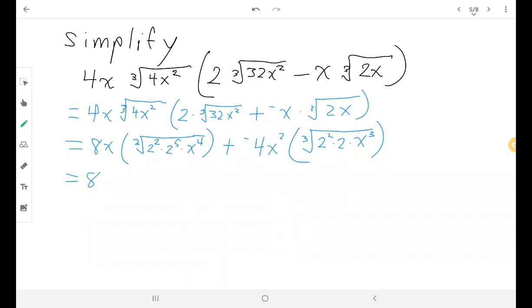So then we've got 8x times the cube root of, so if we combine 2 to the 2nd and 2 to the 5th, we have 2 to the 7th, right? So we have 7 2's all together.